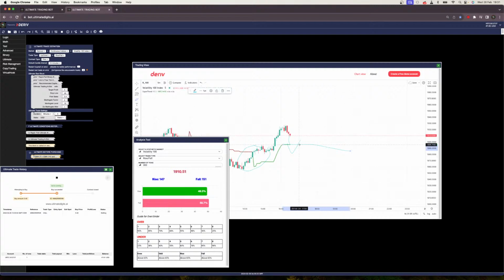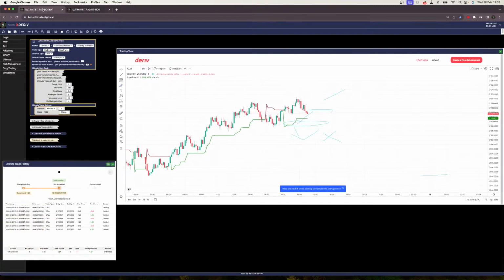Let's check how the bot is performing on the volatility 25 index, the other market that we are running on. It has taken 3 trades right now. Green still losses, but right now the market is going down maybe to that support level.